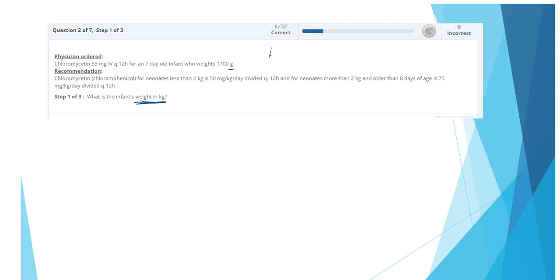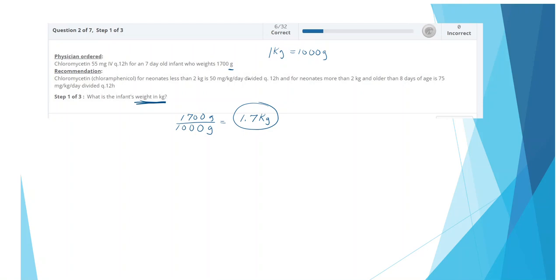I'm going to use 1 kilogram equals 1,000 grams, because you always want the weight in kilograms. So I'm going to take my 1,700 grams of weight and divide it by 1,000 grams for my conversion, and I'm going to get 1.7 kilograms for the child's weight.